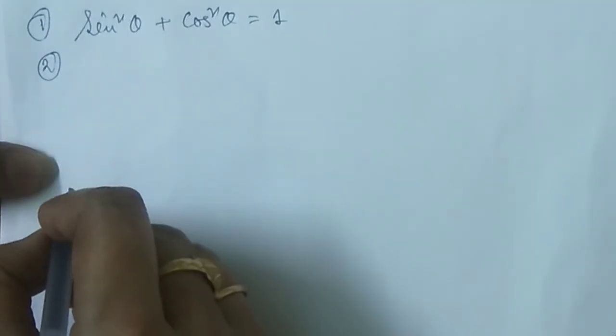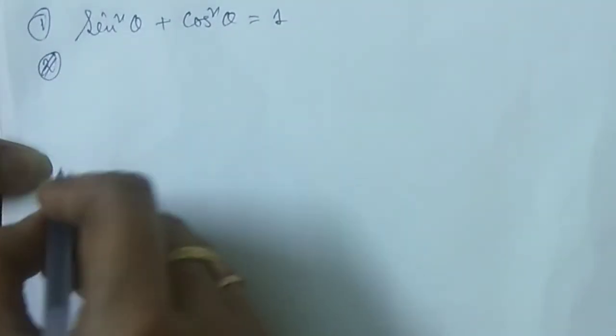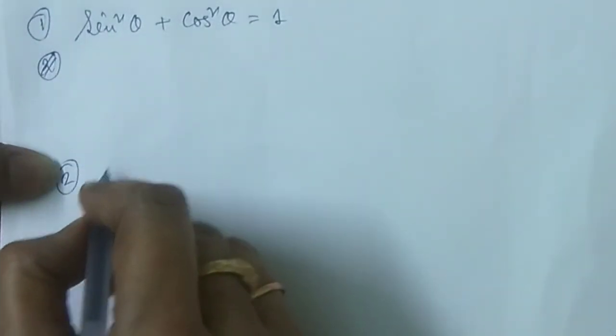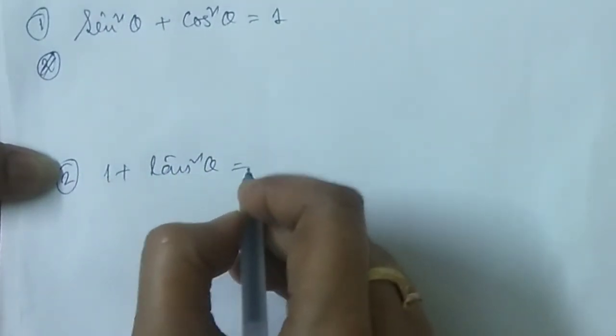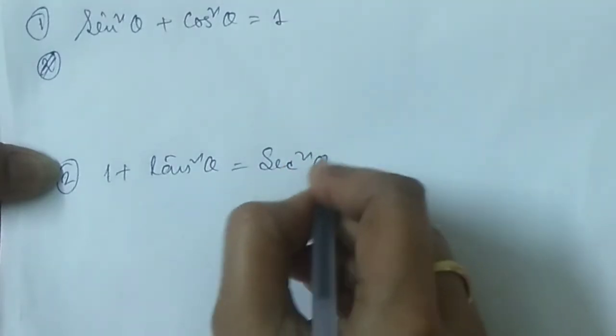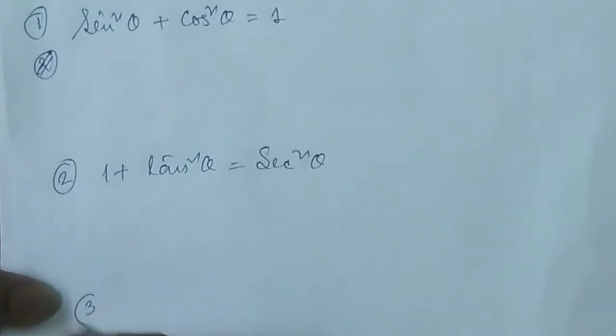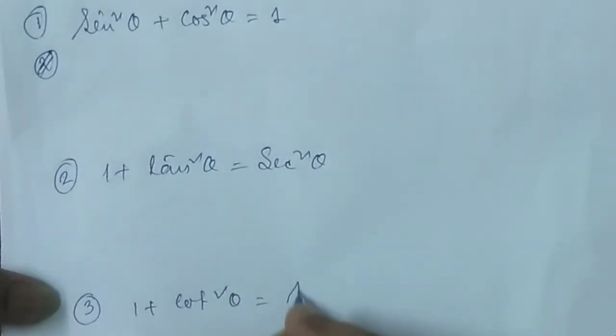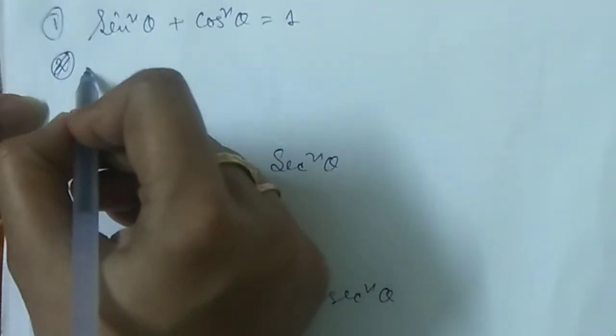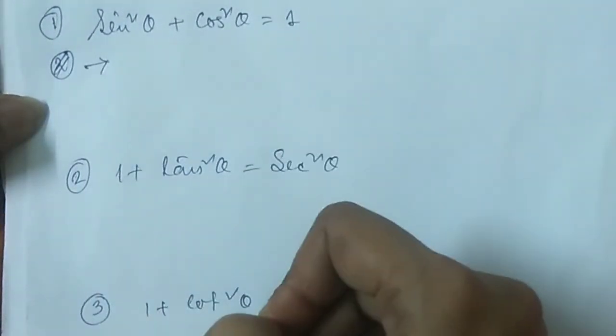Second, 1 plus tan square theta is equal to sec square theta. Thirdly, 1 plus cot square theta is equal to cosec square theta. I have kept some gap for finding some of the results from these three identities.